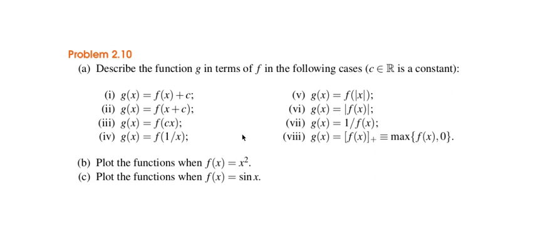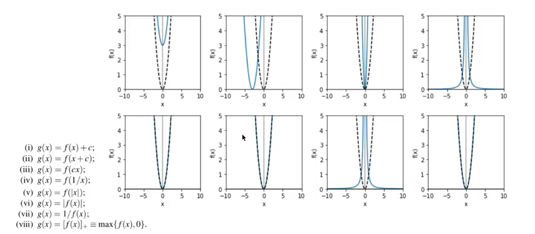So let's start with x squared. In this case we have f of x is x squared. I've copied here the different variations, and you can see that each one of them does different things.